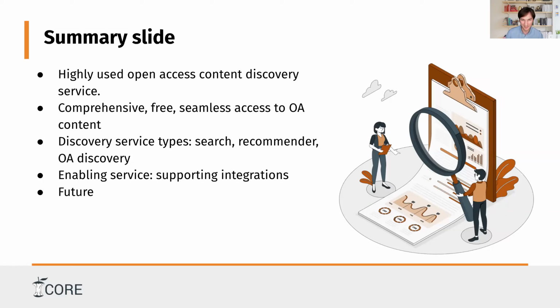We provide seamless access to open access content. We provide 3 types of discovery services: search, recommender, and open access discovery. And we also very much want to work with other platforms, such as with MyAthens, to become an enabling service, supporting various kinds of integrations.